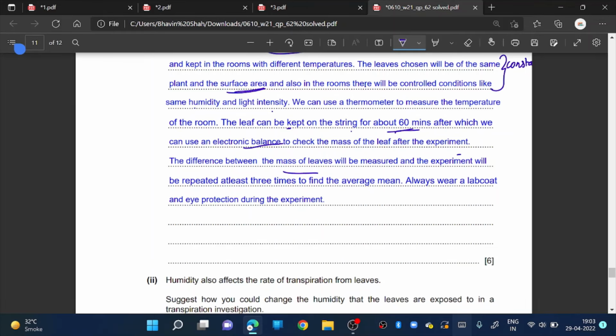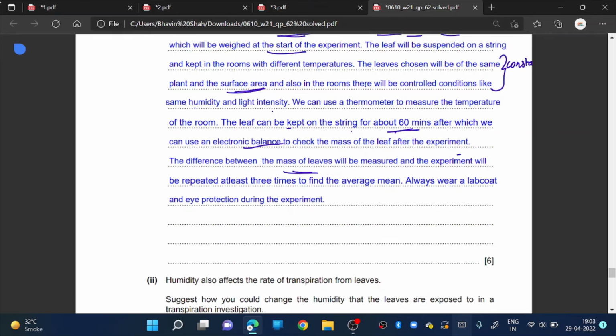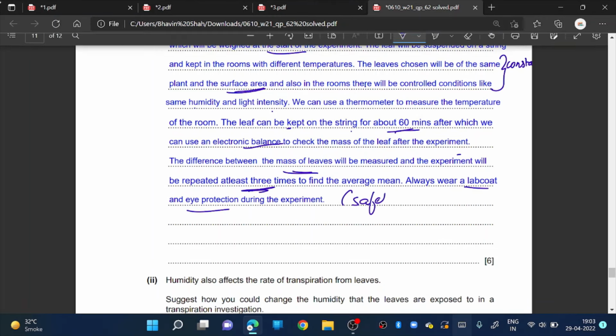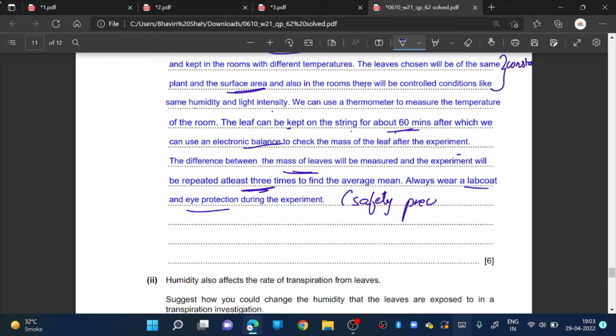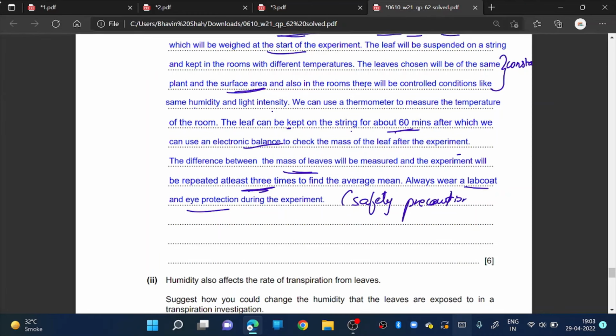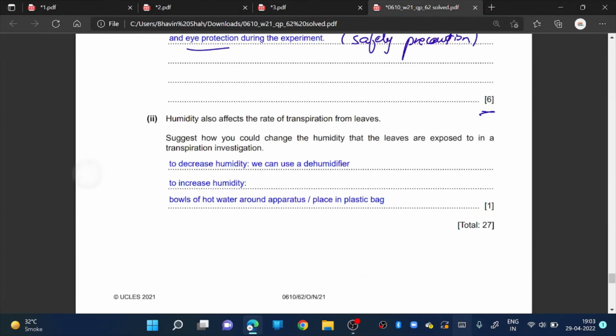The difference between the mass of the leaves will be measured and the experiment will be repeated at least 3 times to find the average mean. Always wear a lab coat and eye protection during the experiment. These are called your safety precautions. So this is how an experiment for 6 marks is written.